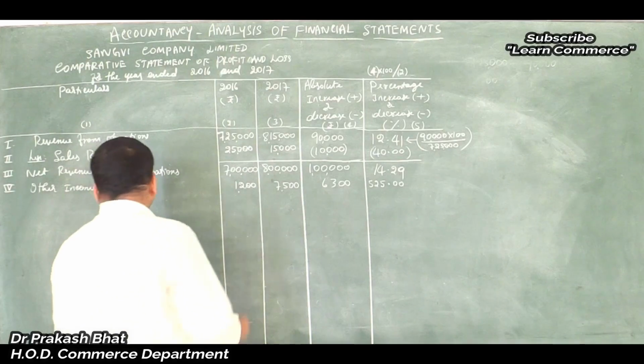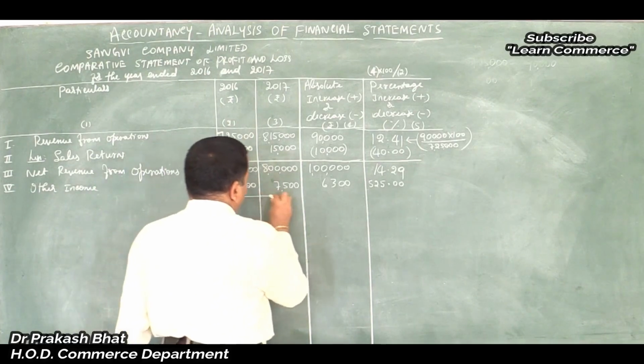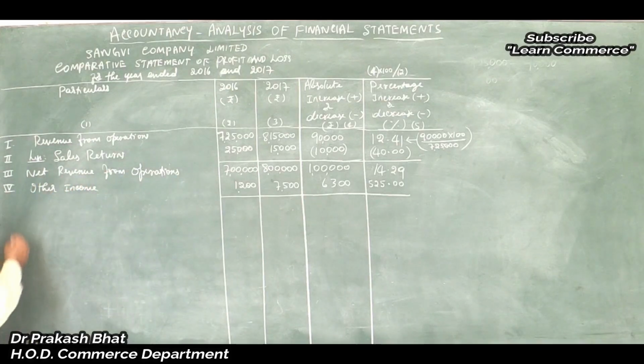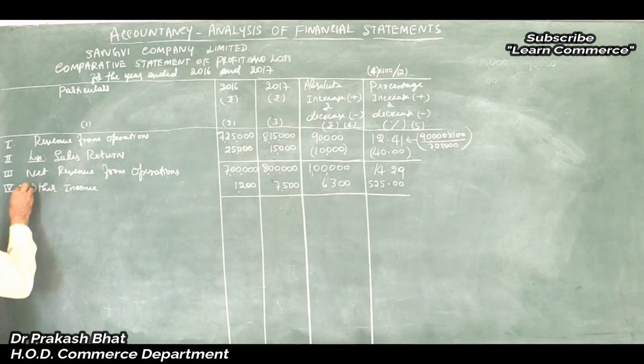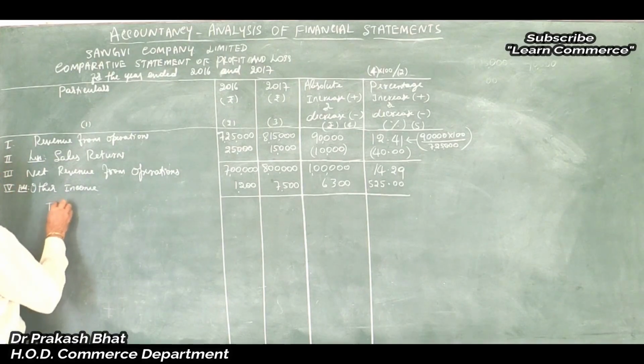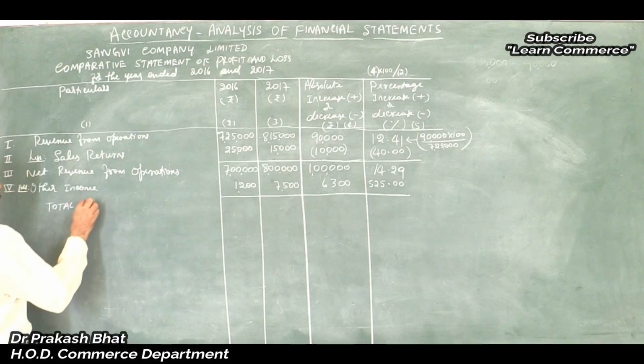Yes. Now, after adding other income, add other income here, whatever you are getting is called total revenue.